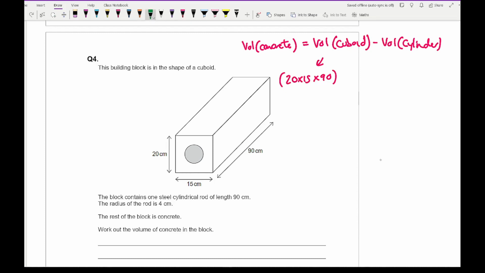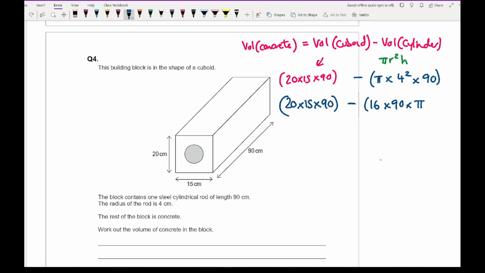Then the volume of the cylinder, well, that's going to be pi r squared times h, or the L, depending on whatever you prefer. So then looking at that, we're going to end up with pi times 4 squared multiplied by the length, which is 90. So it's going to be 20 times 15 times 90 minus 16 times 90 times pi.